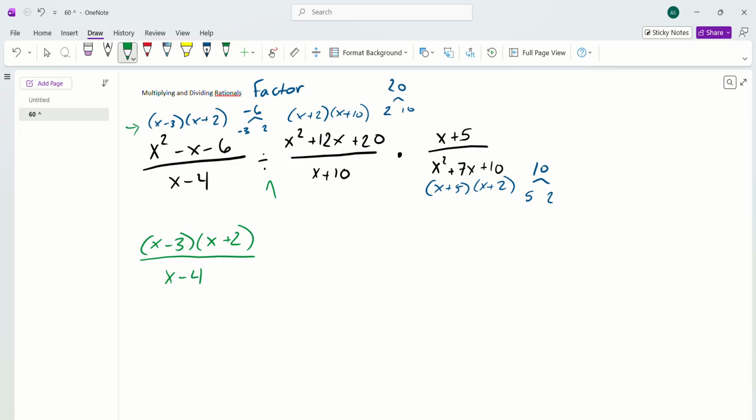And then we're going to change the division sign to a multiplication sign, and flip this fraction. That means I'm going to take what's on the bottom and write it on the top, and I'm going to take what's on the top and write it on the bottom.